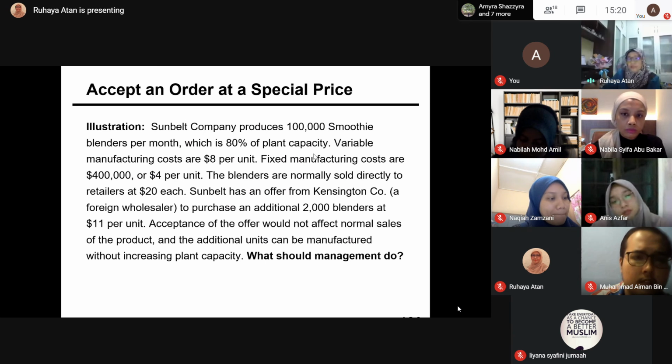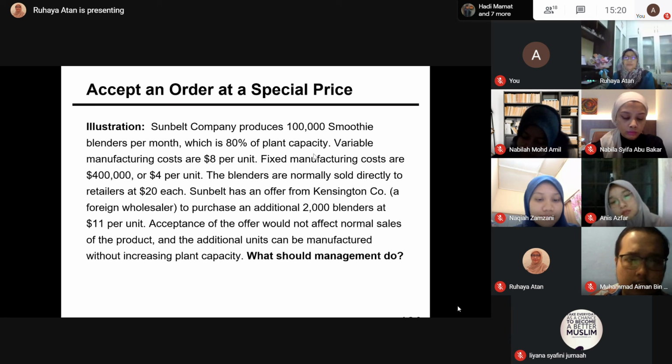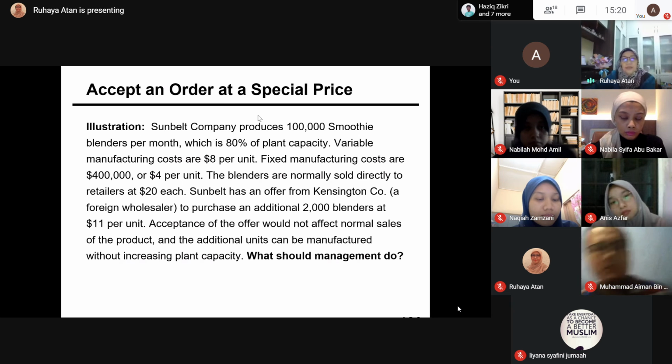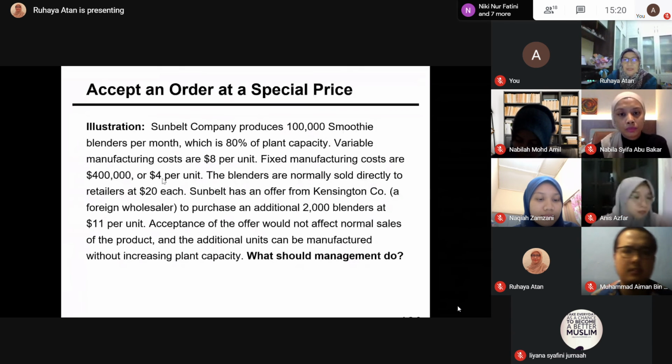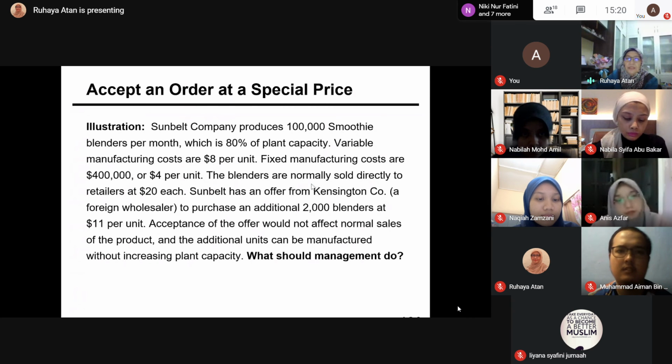So that means they are not functioning at full capacity. Variable manufacturing costs are $8 per unit. Fixed costs are 400,000. Roughly 400 divided by 100, so you can get fixed cost per unit as $4. And the blenders are normally sold directly to retailers at 20 ringgit each, $20 each.